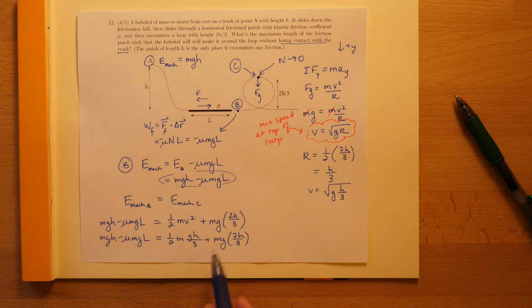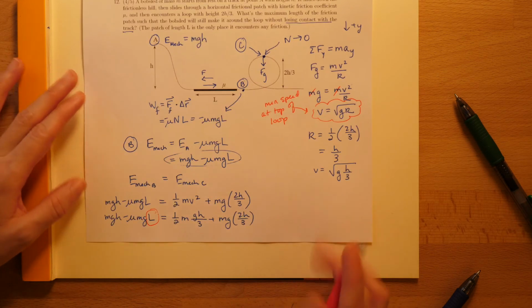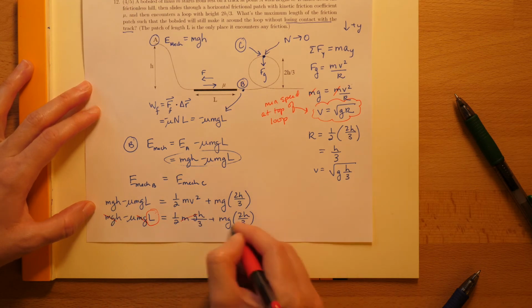Now the only thing we have to do is solve for what we want, which is L. We can see here that mg is going to cancel from every term.